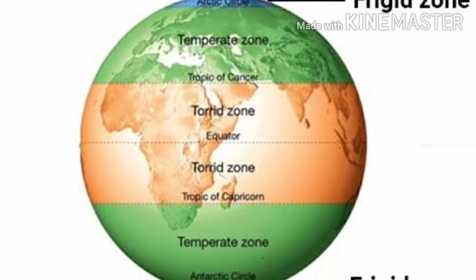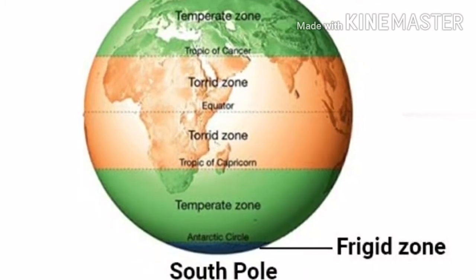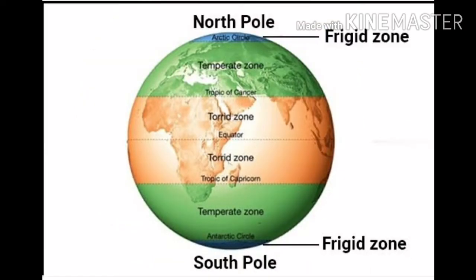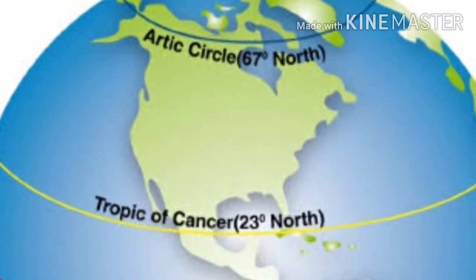As you see on the screen, there are 2 frigid zones on the earth. Number 1 is at the top, the North Frigid Zone, and number 2 at the bottom, the South Frigid Zone. These are the 2 frigid zones, one in each hemisphere of the world.